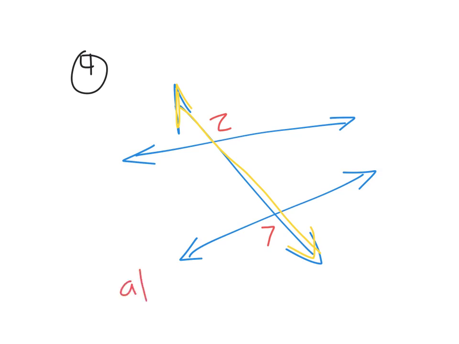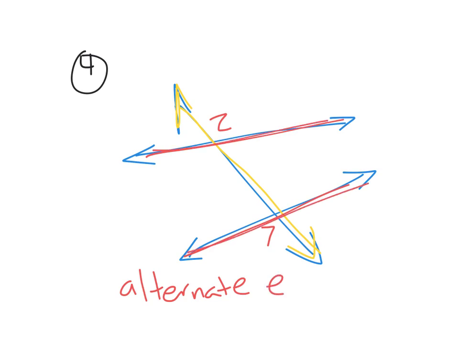And then looking at the two lines going the same way, are they on the outside or the inside of these two lines? So you'd say alternate exterior angles. Does that make sense? All right, one more.